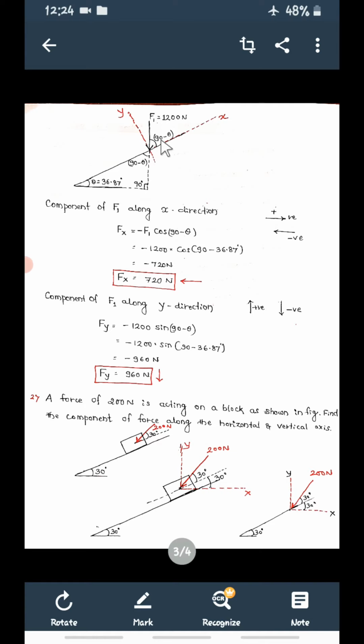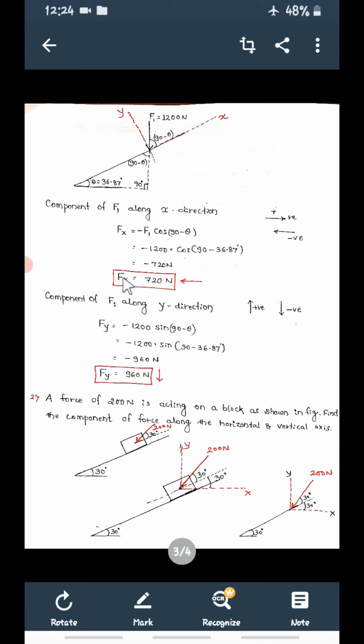F1 cos of 90 minus theta. So minus F1, which is 1200, cos of 90 minus theta, which is 36.87. So we get Fx equal to minus 720 Newton. So the component of this F1 along x direction is minus 720 Newton.